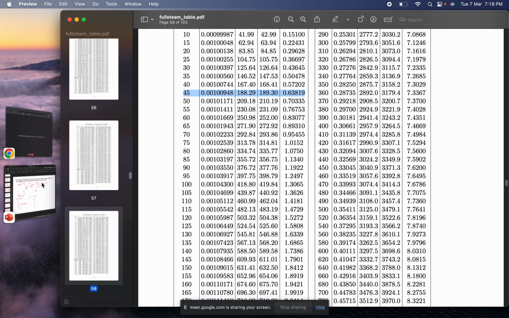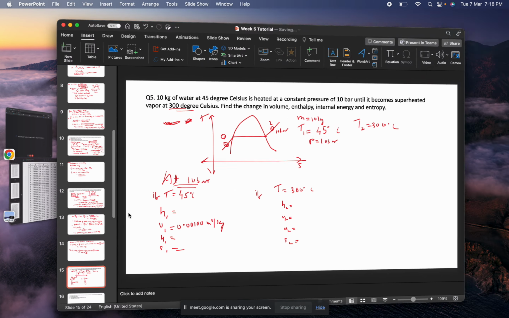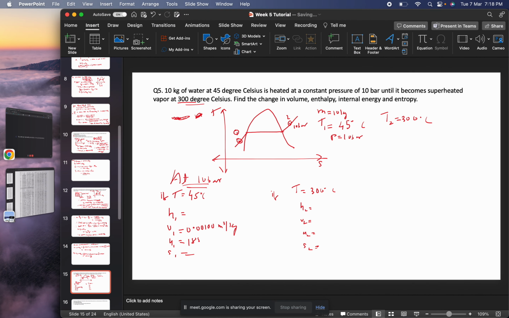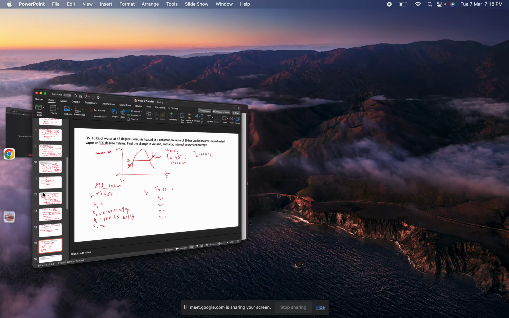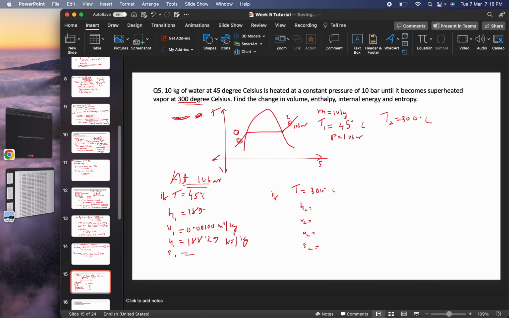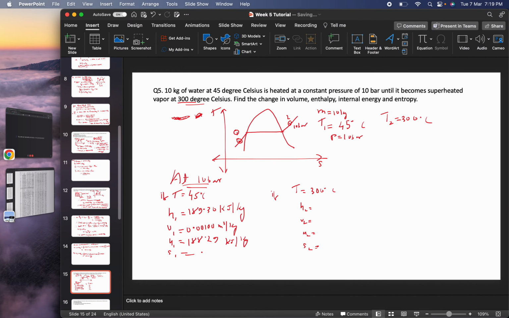And your U is 188.29 kilojoule per kg, okay. Then H is 189.30 kilojoule per kg, then your S is 0.63819 kilojoule per kg Kelvin.